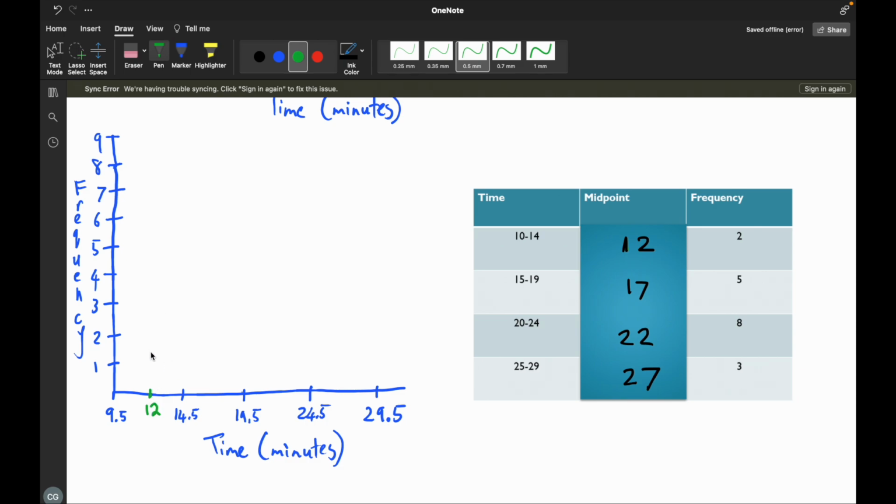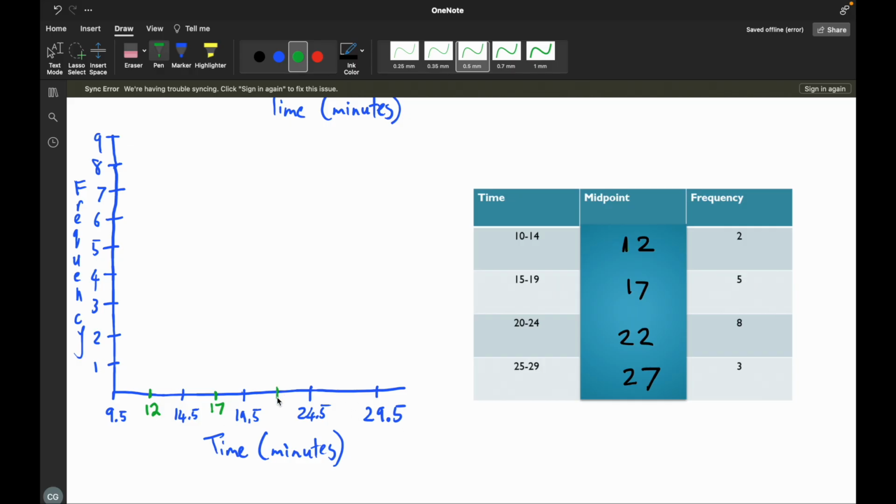So 12 matches with 2. So I know when I get ready to do that, I'm going to match with 2. So then my midpoint between 14.5 and 19.5 is what? What's the midpoint between 14.5 and 19.5? 17. Lovely. So remember, we're using these numbers because it's easier for us to just remember the concept of using the boundaries.